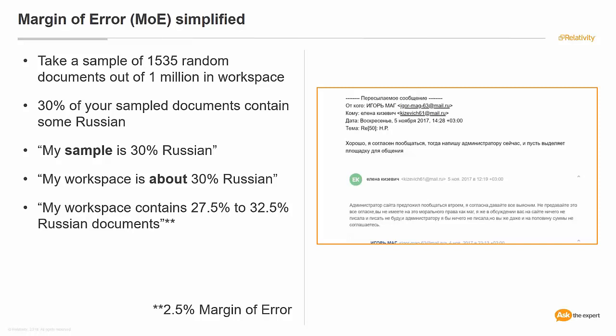But the key is, this could be something important to you. You might say, oh my gosh, we only have 1 reviewer out of 100 that speaks Russian. We need to staff some more Russian reviewers because we're going to have a lot of documents. Or maybe I'm worried that some of these are false positives due to email headers. Well, I could go and hand inspect those 1,535. It's not easy, but it's not that hard.